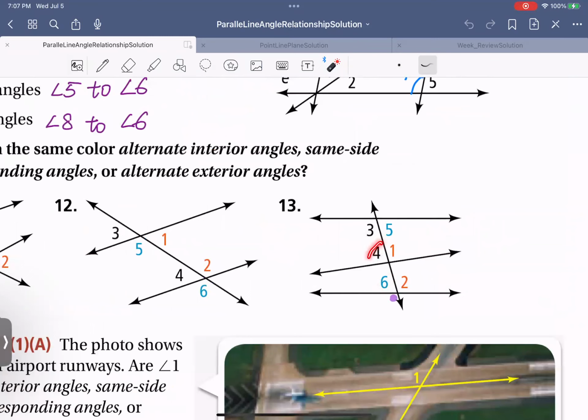Hold on. These two. Look at these two lines. If I'm talking about this angle, this is called same side interior. But the one here is not inside. So you will see these two angles' positions are the same. So we call this corresponding. Okay?